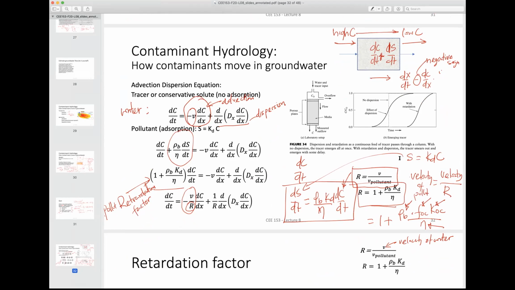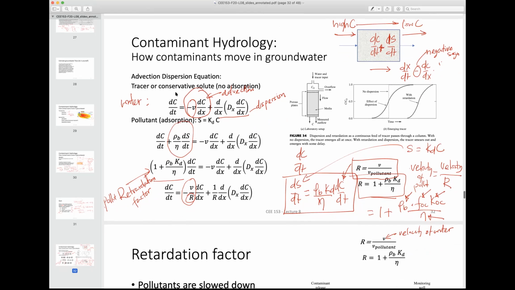Here we try to solve for how the retardation factor R equals 1 plus bulk density times KD divided by porosity. We are doing that not just to derive why the retardation factor is that, but conceptually, this is a mass balance equation.